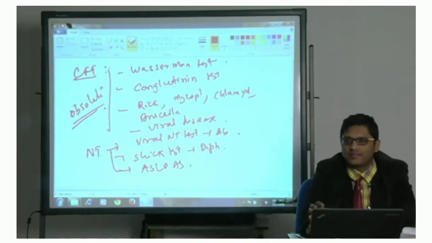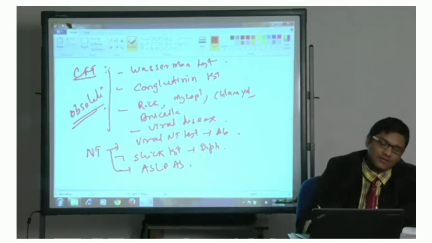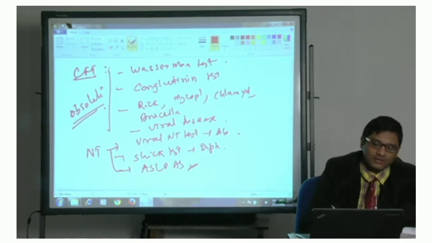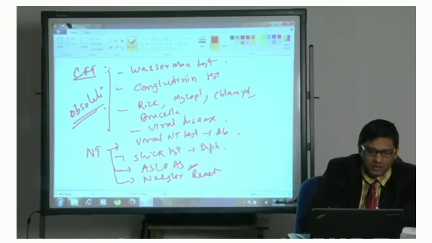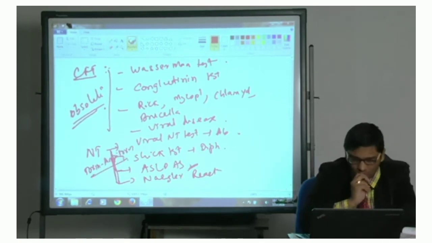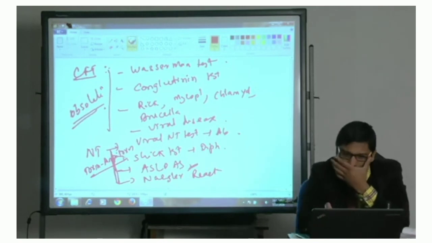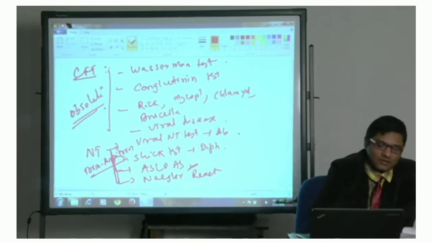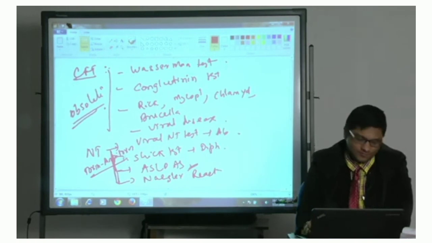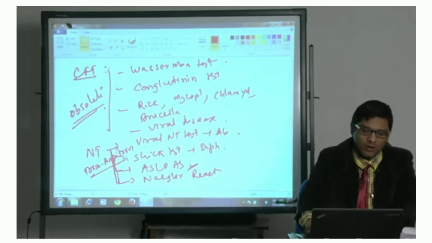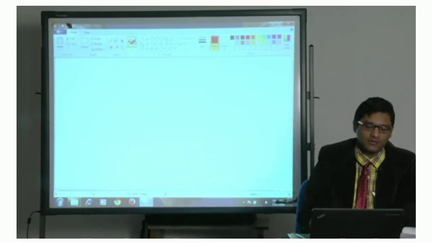Now, of course, we do latex agglutination test, but previously it was detected by neutralization test. Then Nagler reaction, which also involves a toxin. So the last three, Schick test, ASLO and Nagler reaction, are examples of toxin antitoxin neutralization test. Okay. So this is all about conventional methods.